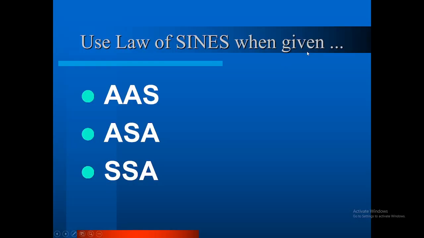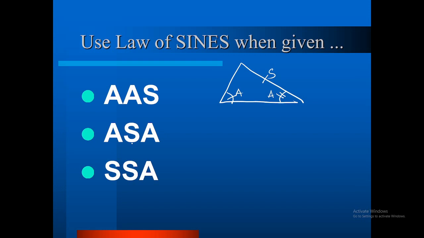Now, by the way, you will be using the law of sines when you are given an AAS. Meaning, if this is your triangle, you're given an angle, an angle, and a side. That's AAS. If you're given ASA, this will be our triangle.